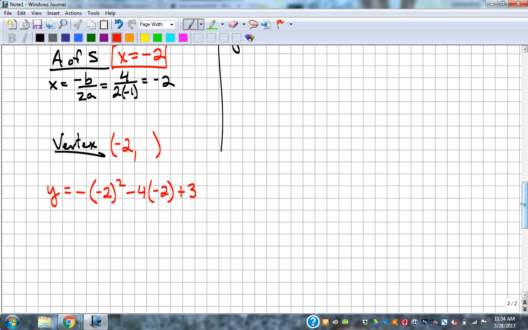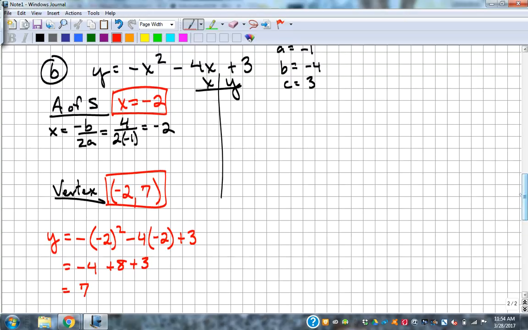But you're just plugging that in and working it out. You've got to follow order of operations if you don't use the calculator. So when I square that, that's 4, then the negative. So that's -4 plus 8 plus 3, which would be -4 plus 8 is +4 plus 3 is 7. So -2, 7 is my vertex.